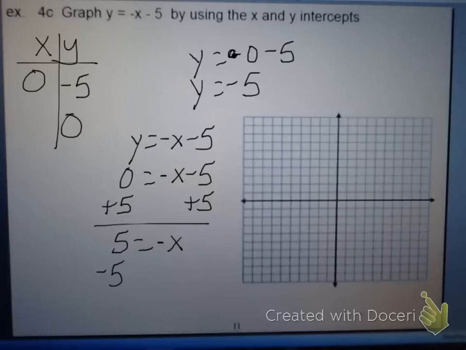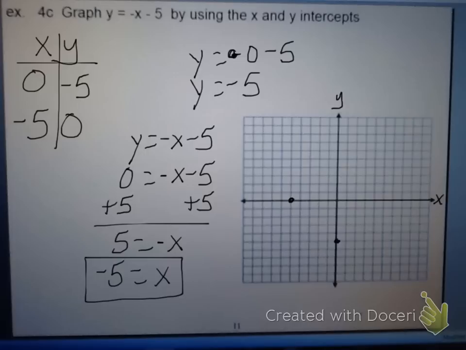So that's negative 5 is equal to x. So there we put in our table. And negative 5, 0.